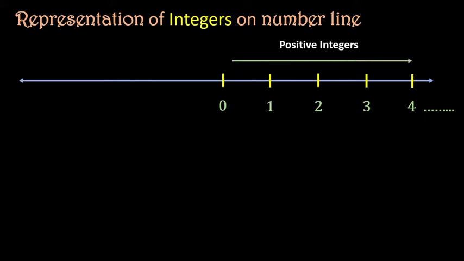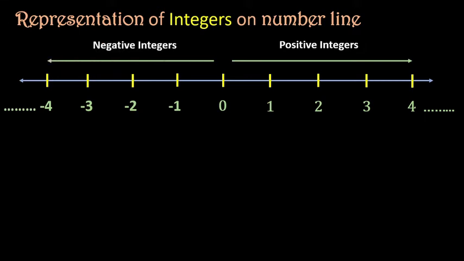Similarly, to the left hand side of 0 we'll mark negative numbers, and this set of negative numbers is known as negative integers. So we can say that positive integers always lie to the right hand side of 0 and the negative integers always lie to the left hand side of 0.